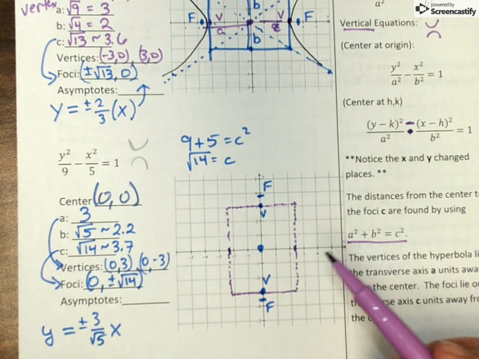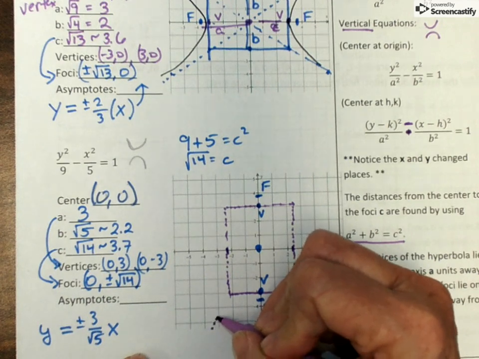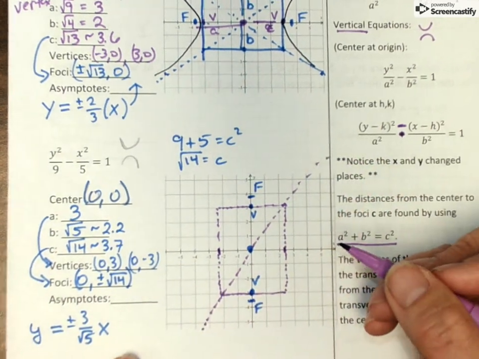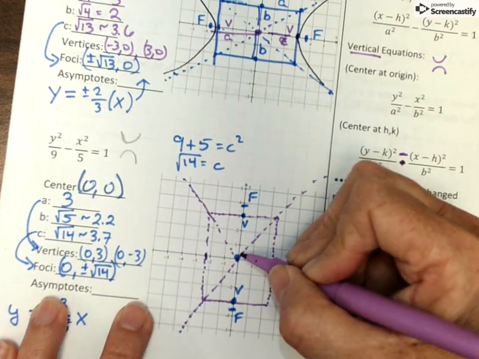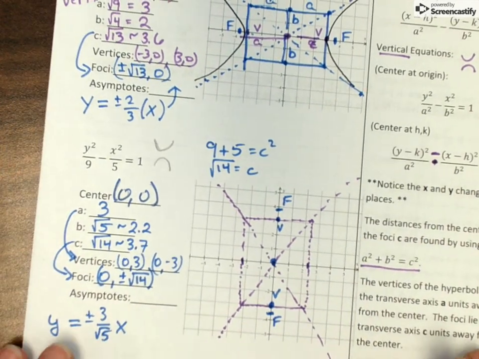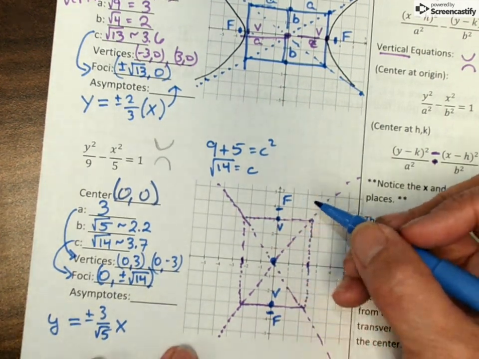Now remember, our asymptotes will go through the diagonal corners here, so I can just go ahead and draw this in. Dashed lines because they are asymptotes. And feel free to use a ruler to make it a bit more exact. But now that I've got asymptotes, I can go ahead and draw the hyperbola, the two sides.